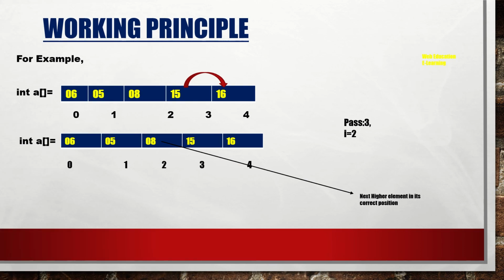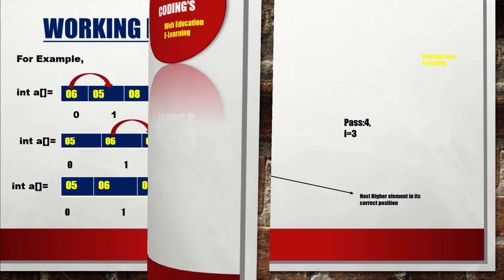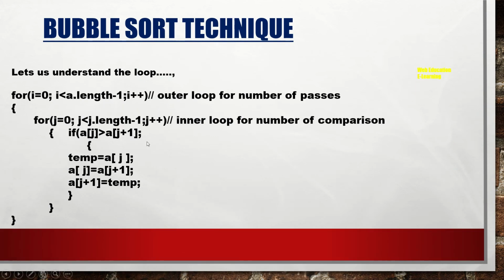In each pass there are 4 comparisons. That's why we are taking this. So inside, a.length minus 1, same, because in each pass the same number of comparisons are there. That's 4. Total elements were 5 and the number of comparisons 4.